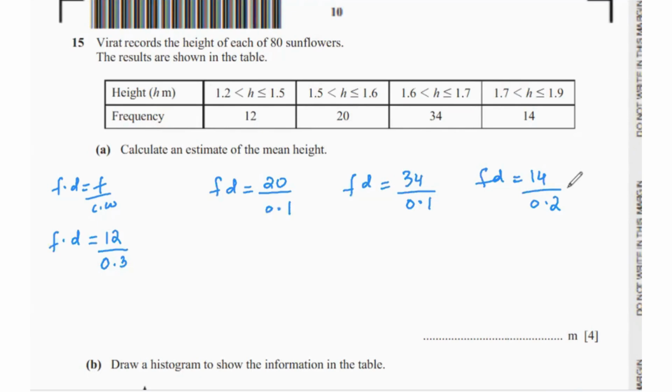So 12 divided by 0.3 is going to give us 40. 20 divided by 0.1 is going to give us 200. This is 340. And this is going to be 70. So these are our frequency density values.